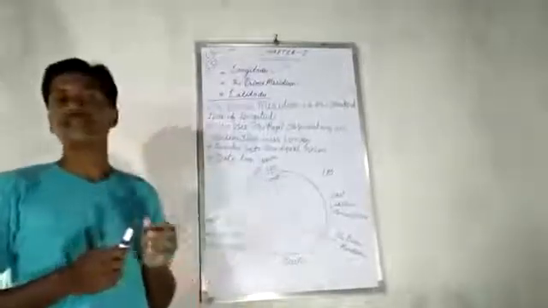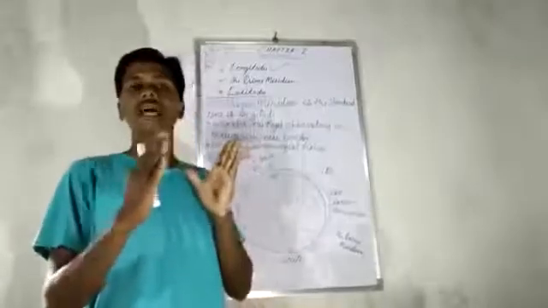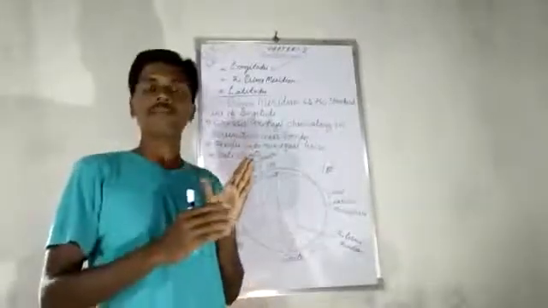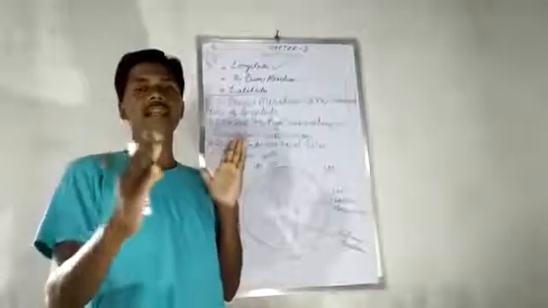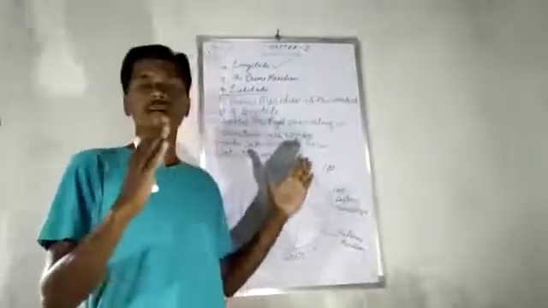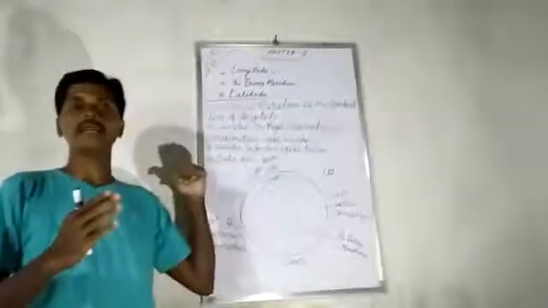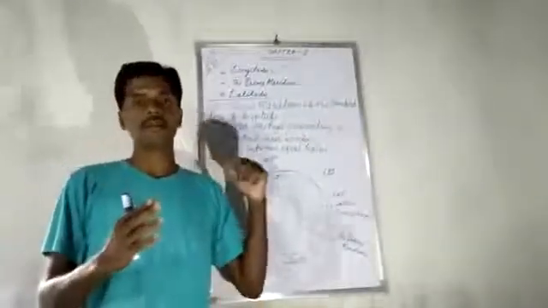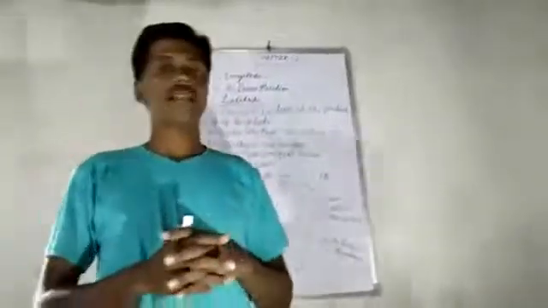From that international dateline, we get changes in date and day, and there are different days and dates in different regions. East side it will be different, then west side it will be different. So this is called the international dateline.